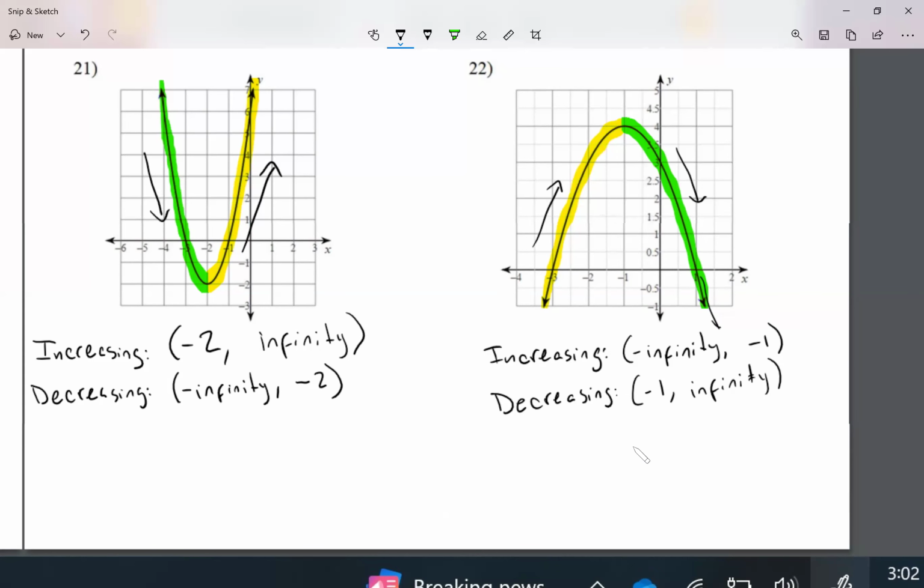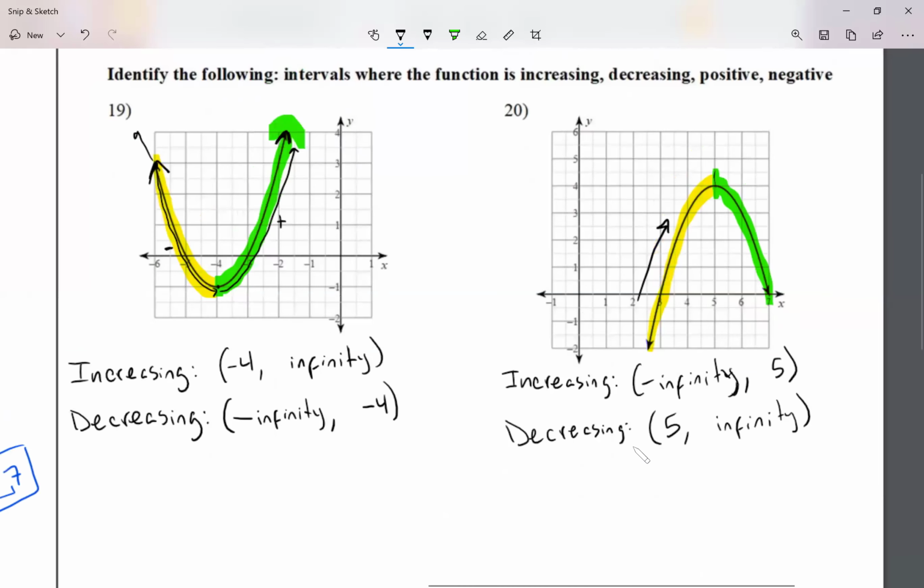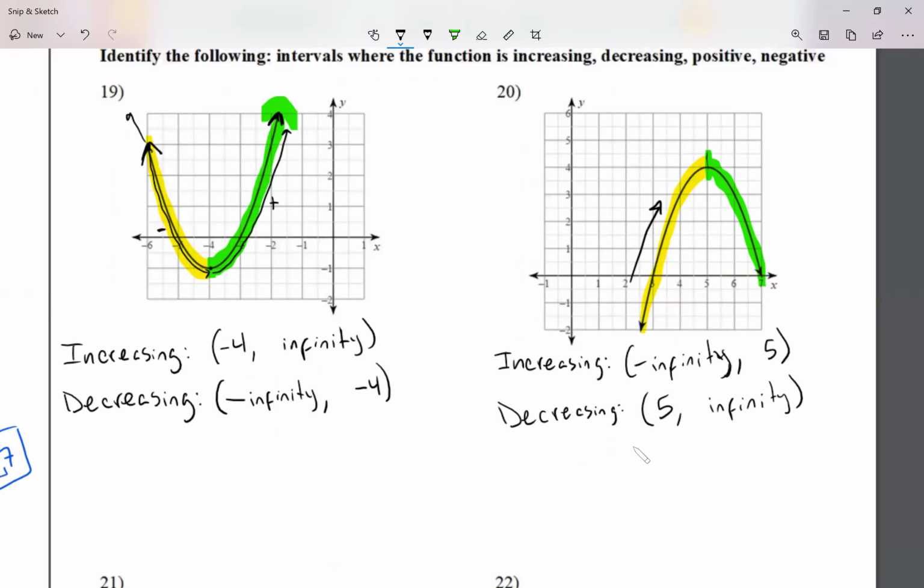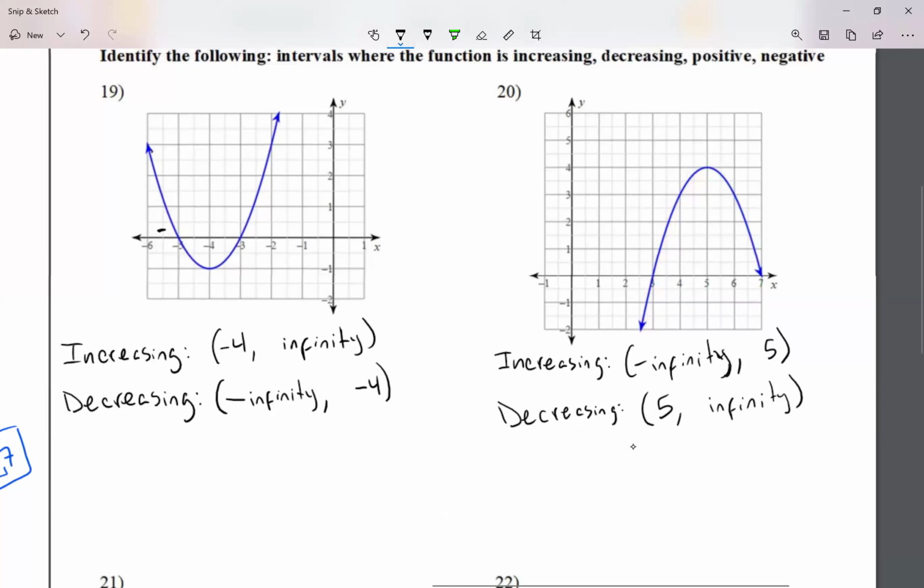Okay, so let's come down over here. Remember, for increasing, decreasing, I was looking at the x values, the x-axis. Let me erase my marks on my graph here. Now, for positive and negative, when is the function positive and when is the function negative?